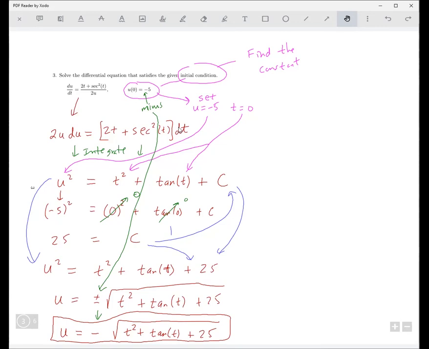So first, can you explain why it has to be negative? Yeah. Because this initial condition, when you plug a 0 in for t, when t is 0, u has to be -5. And so it can't be +5, so you have to get rid of the positive. It has to be negative.